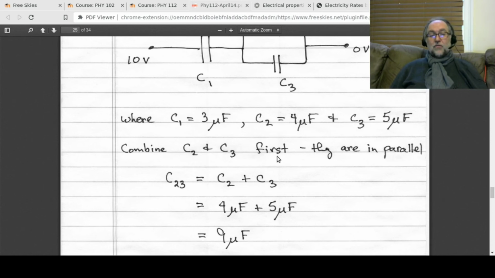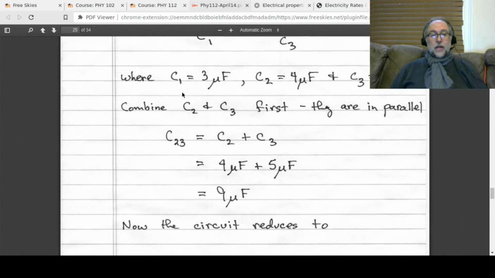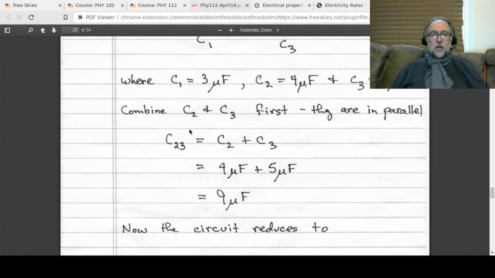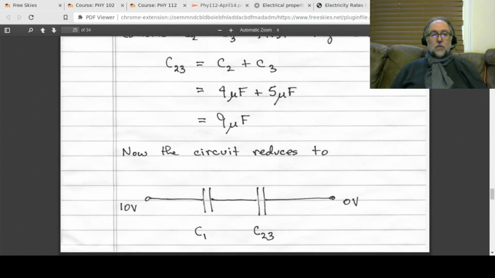The circuit now reduces to C1 in series with C23. C1 was 3 microfarads, and this one we just found was 9 microfarads.